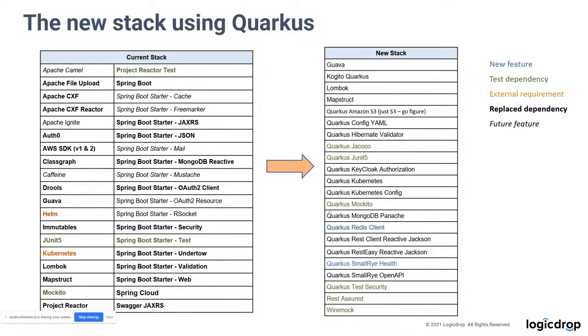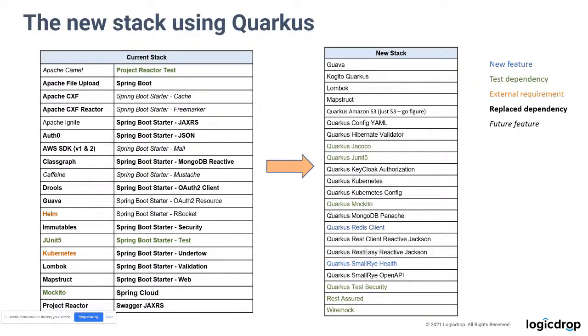We needed to be both blocking or imperative and reactive. So we switched out. We didn't pull in Web Flux as a core dependency. We used CXF with Undertow instead as our primary server, and then used its reactive stream implementation and its blocking implementation. Okay.